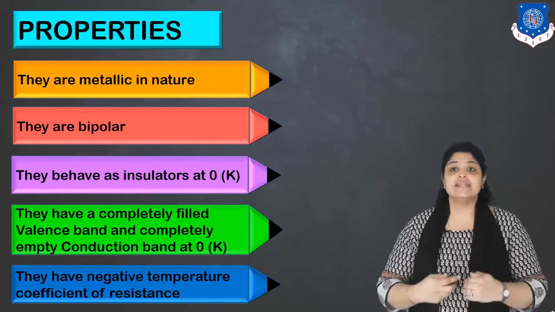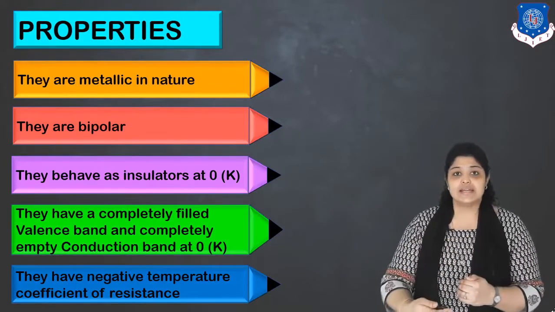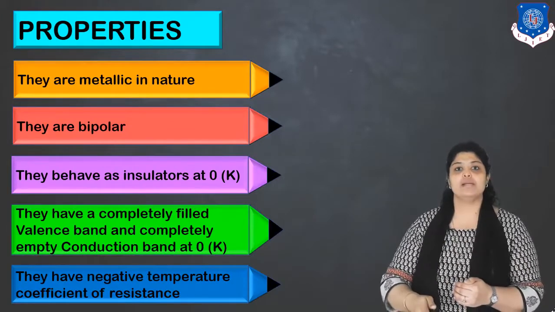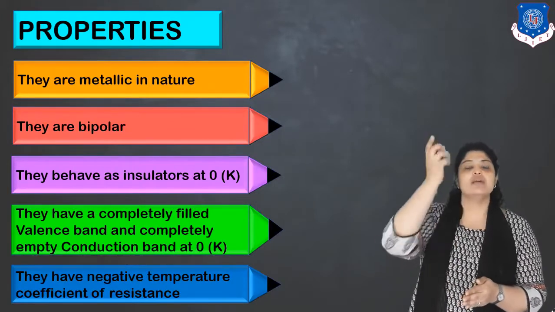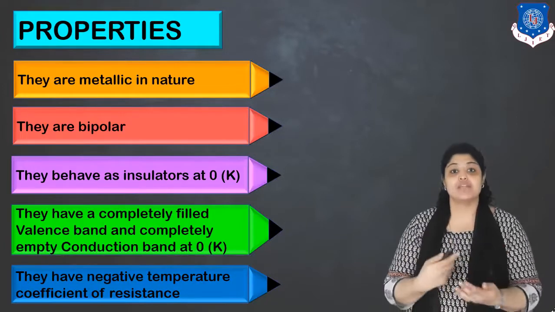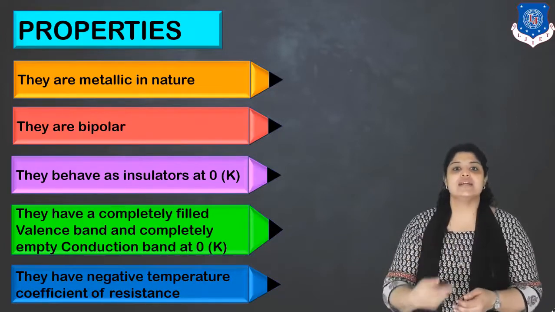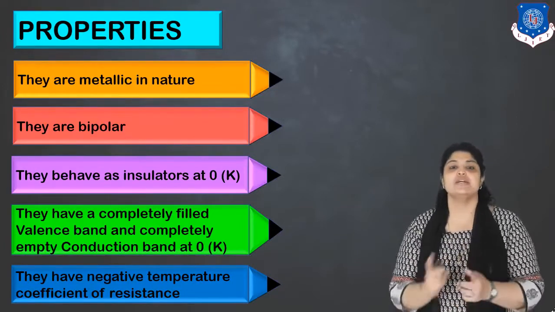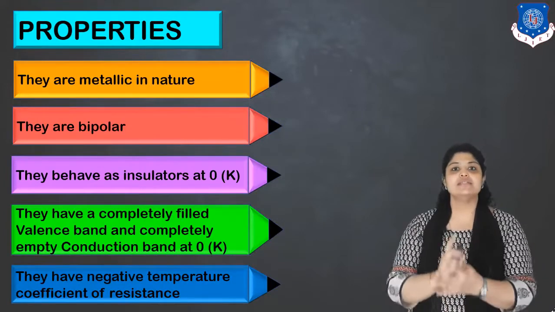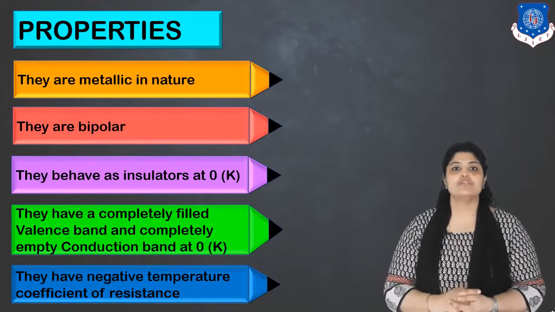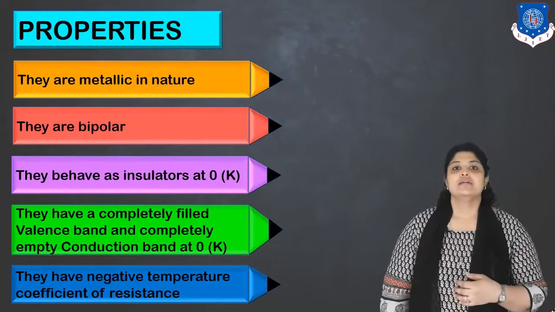That means with the increase in temperature, there is a breakage of covalent bonds and the electrons are moving to the conduction band. They are set free. And hence we say conduction increases if temperature increases. And that is the reason they have a negative temperature coefficient of resistance.